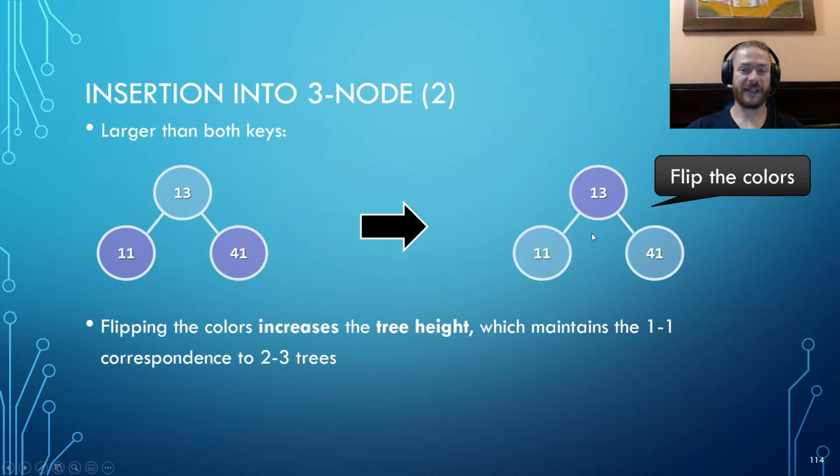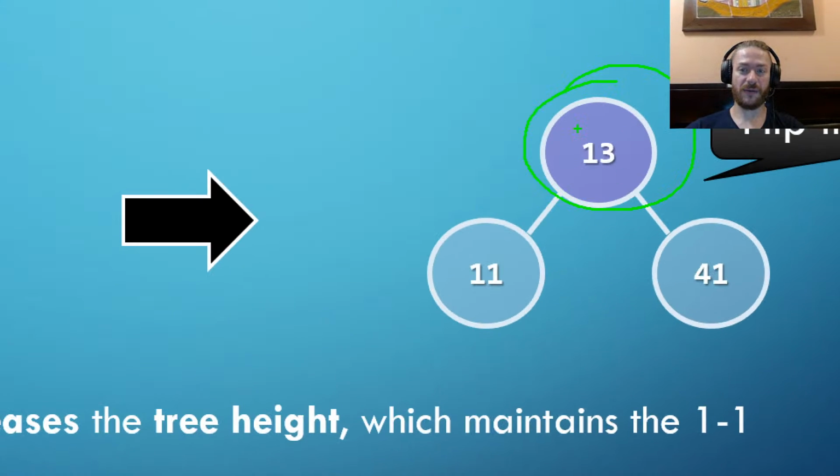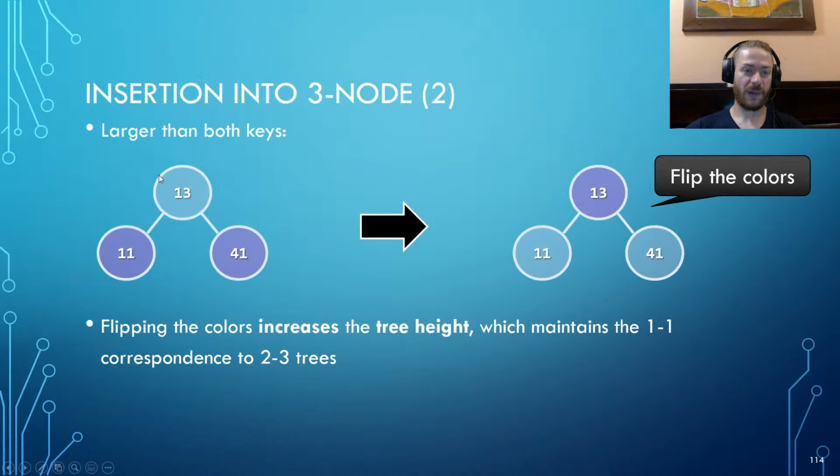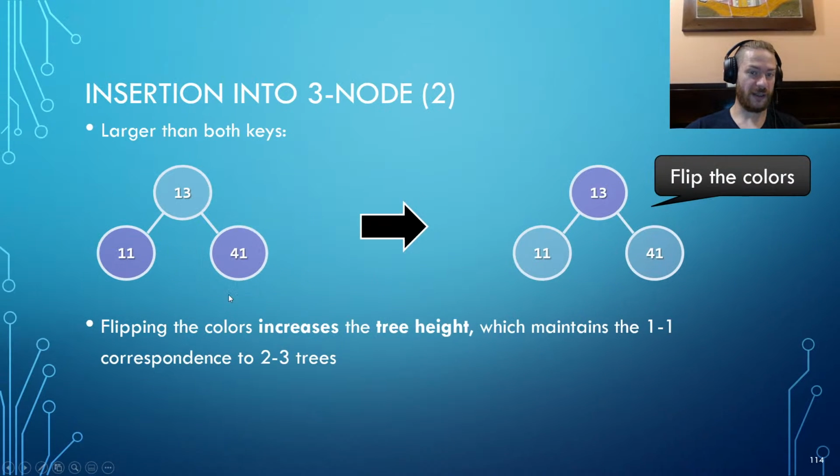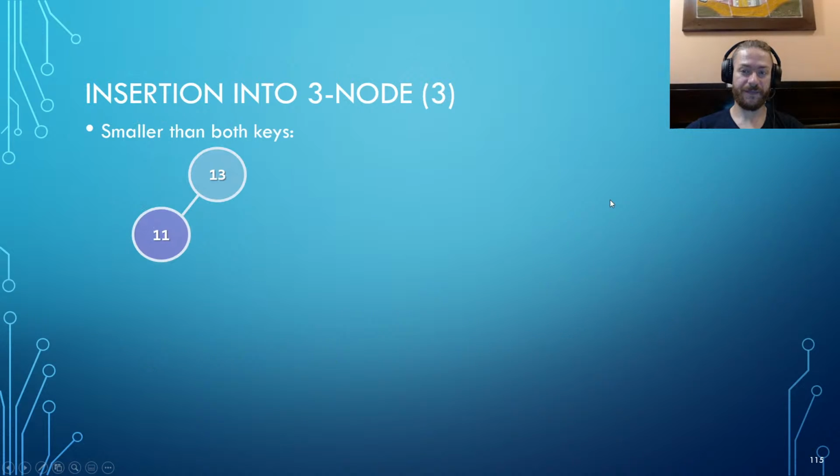But the important part here is that we need to keep the root black if that's the root. So if we add a value here and we have a red node on the left and we add the new red node to the right, we need to flip the colors.